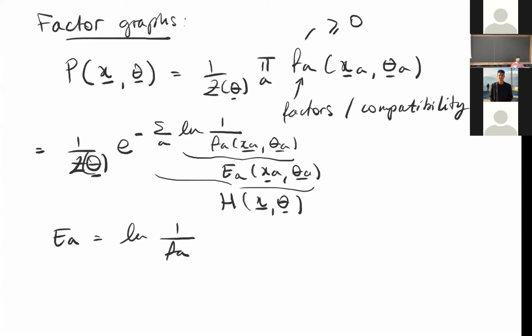And so the energy is low, at least this energy contribution. While if f_a is low, the inverse is large, the log of something large is large, and therefore the energy will increase, so that the probability will be lower.